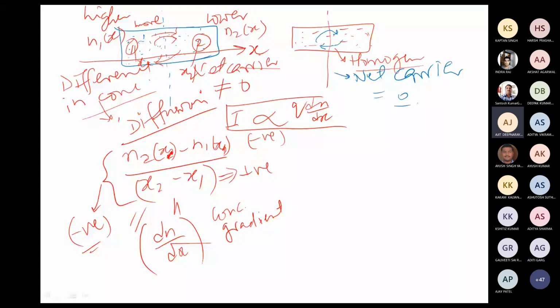If we change the proportionality sign to equality, it is going to be replaced by a new constant D, so I equals D A q dn by dx.